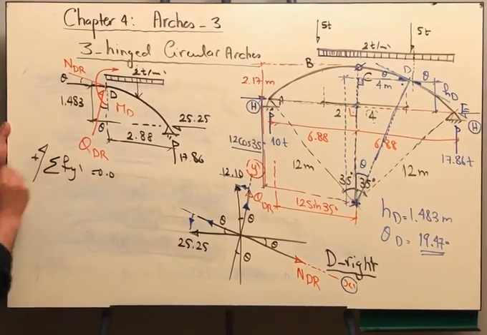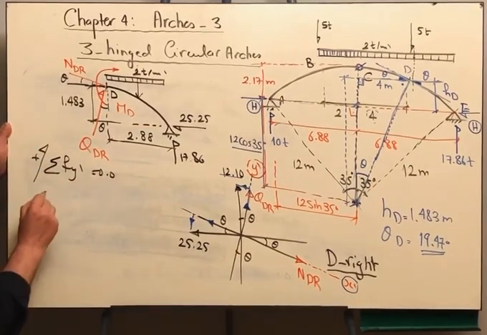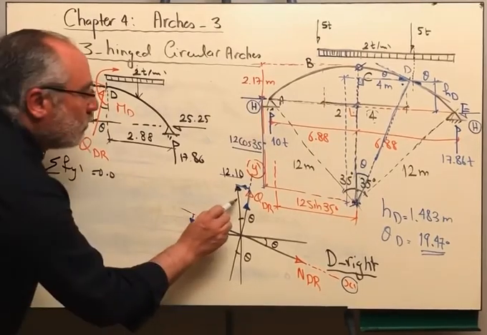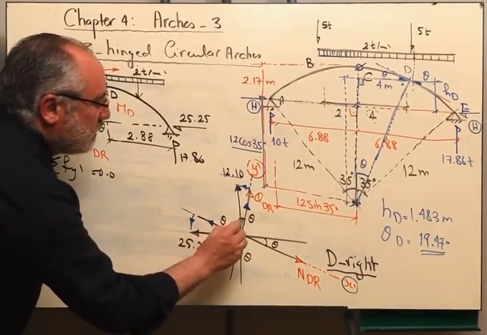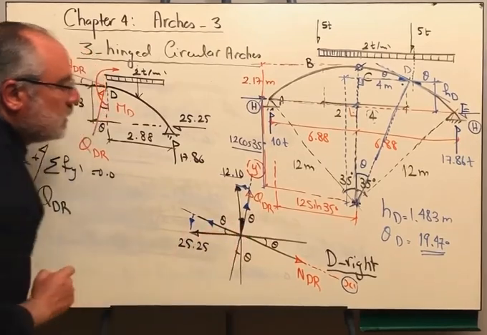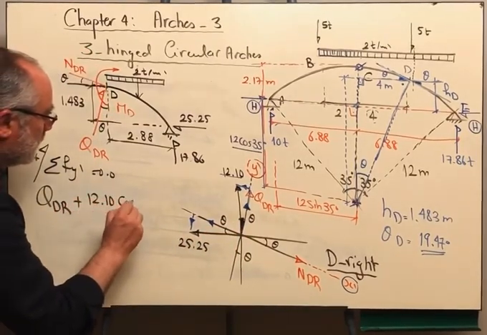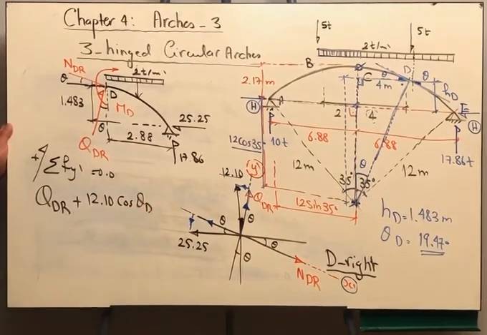I will take this as the positive direction. Then I am having the shear at point D right. The component of the 12.1, I am having this as the angle theta. So it will be plus 12.1 cosine theta_D.